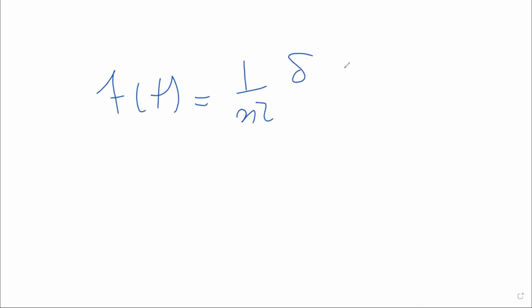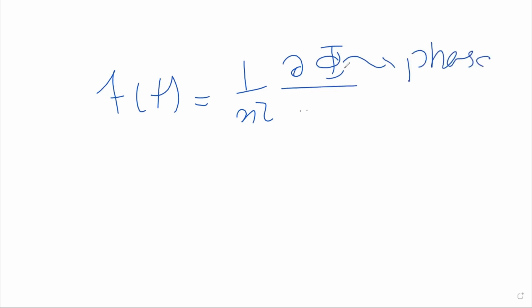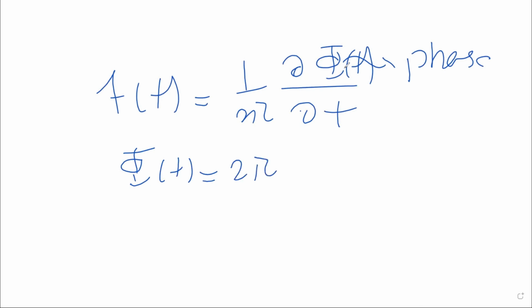This is from physics, the derivative. This is the phase. It means the phase is a function of time. So we already know that phase is 2 pi times reference frequency multiplied with this.